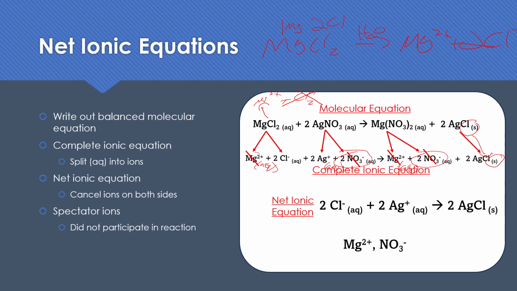They did nothing because although in the molecular equation, right, we have, oh, I made magnesium nitrate. You didn't, though, because if we were to look at a beaker, I've got magnesium 2 plus, I've got chloride minus, and I'm pouring in my silver nitrate solution.